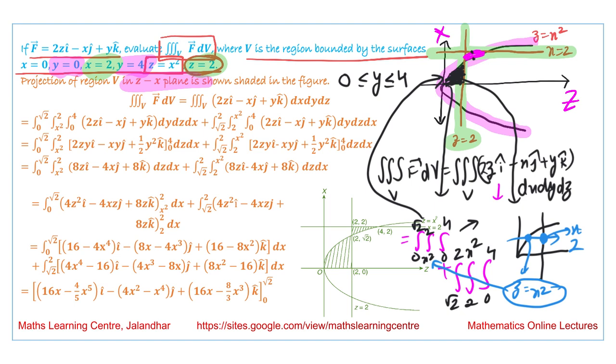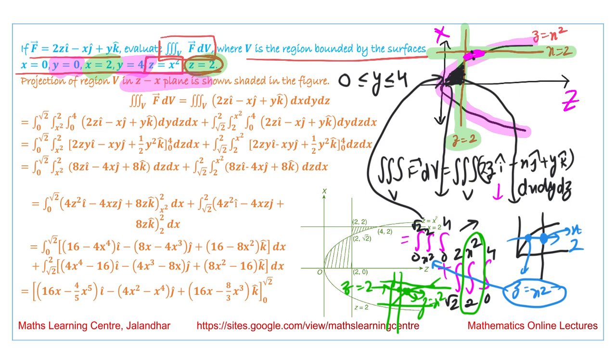Similarly, in the second case, the region is in this form. z starts from this point, and now we have drawn this line, so z is varying from 2 to x square. Z is varying between these 2 points. So we obtain the integral in this form.